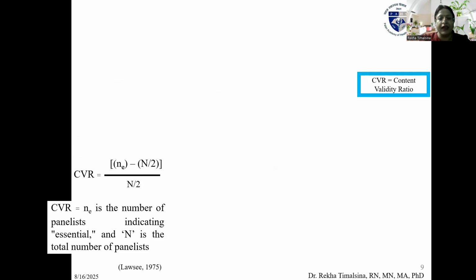Ratings of 3 and 4 are interpreted as essential, while ratings of 1 and 2 are considered not essential. The CVR is calculated using the formula CVR equals (Ne minus N/2) divided by N/2, where Ne is the number of experts who indicate the item as essential, and N is the total number of panelists or experts.